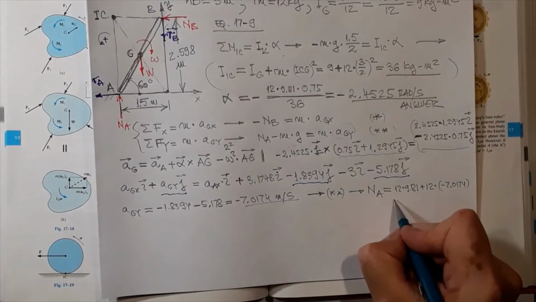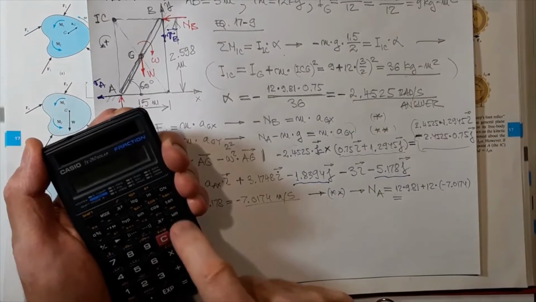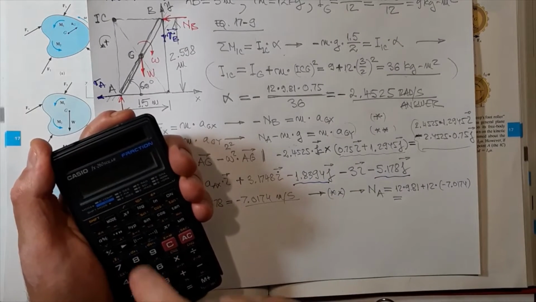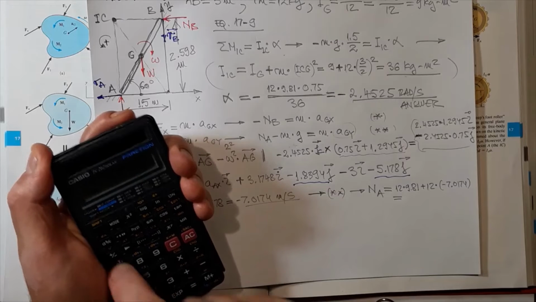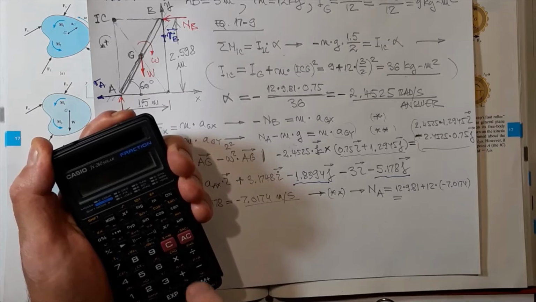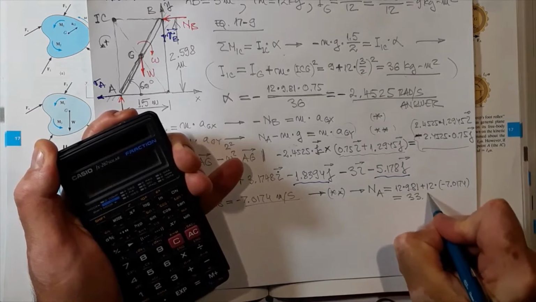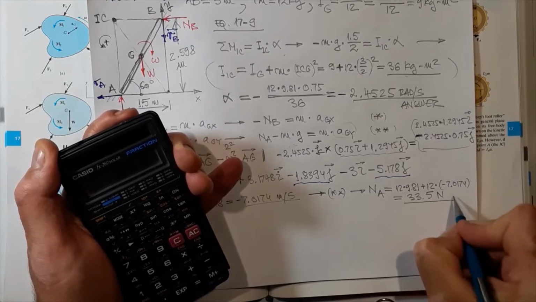I can put 12 in front, so it'll be 9.81 minus 7.0174, times 12 equals 33.5 newtons is the answer.